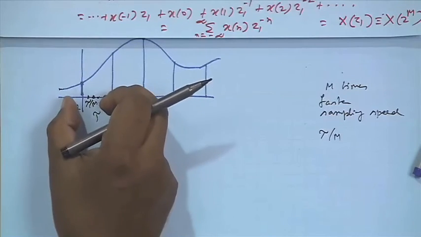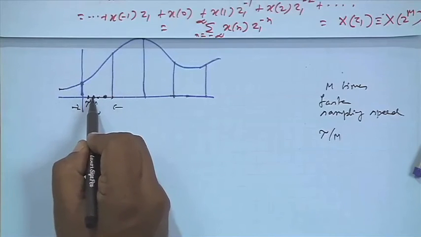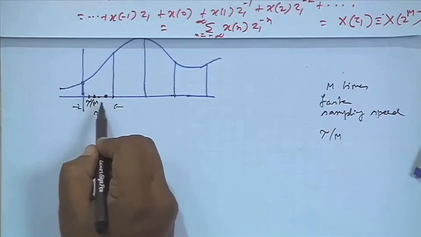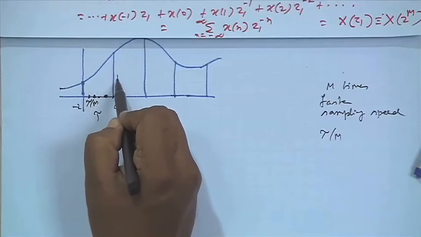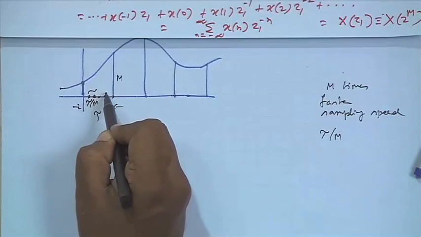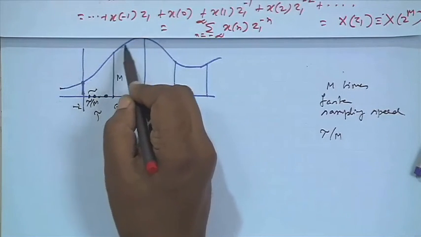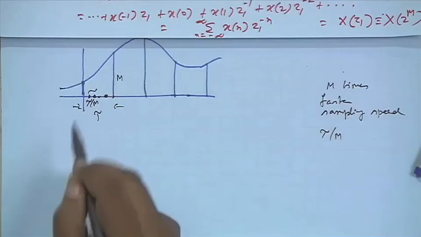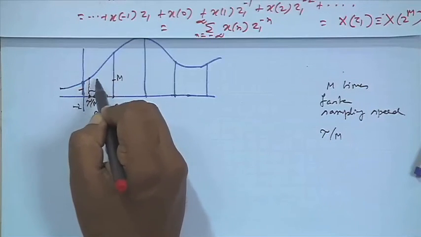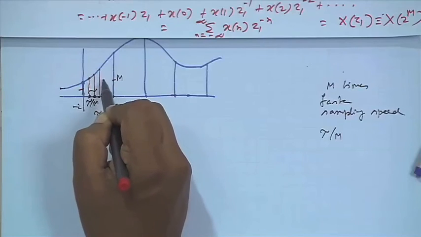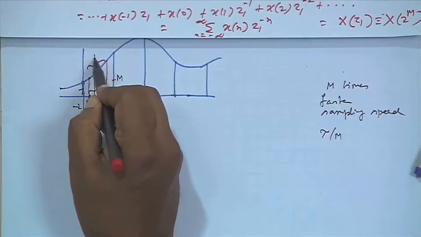Since I know this point is tau, this will be the mth sample, because tau by m, 2 tau by m, 3 tau by m. So, how many tau by m will make it tau? That is m. So, this will be the mth sample, and how many intermediate? M minus 1. Now, suppose I had originally sampled this at that high rate, then along with this and this, I also would have got these red colored samples, these m minus 1 samples.